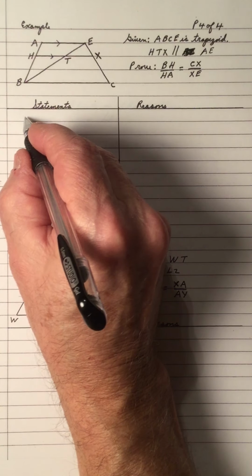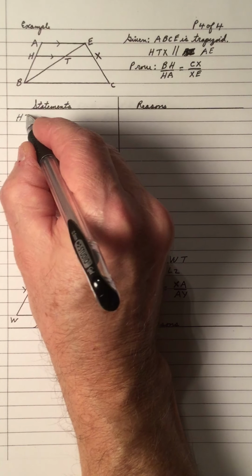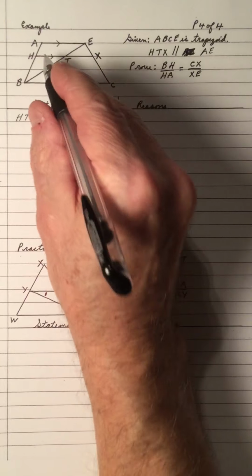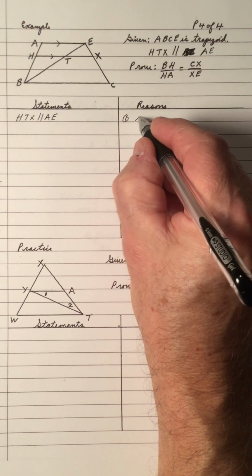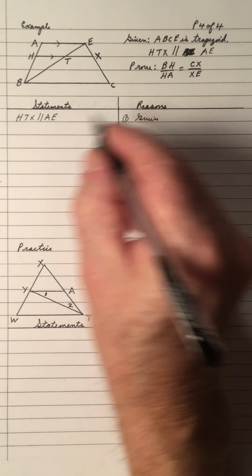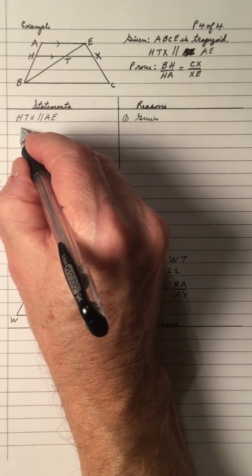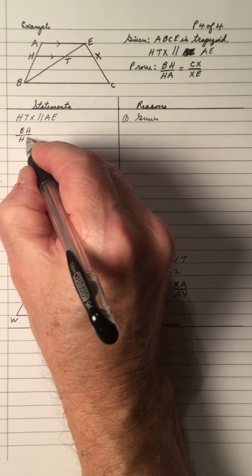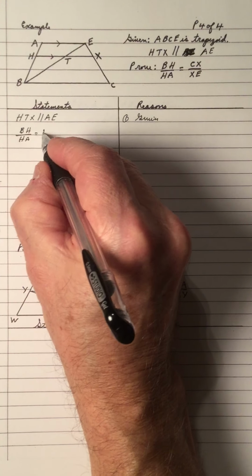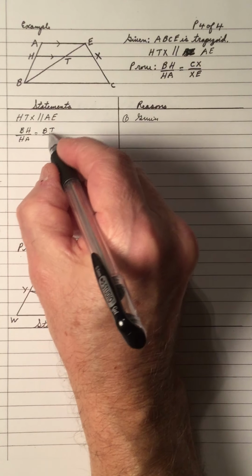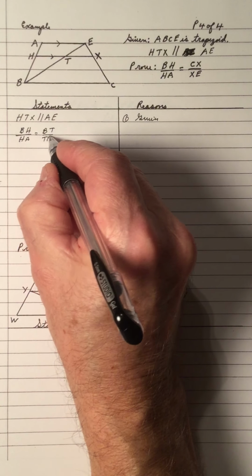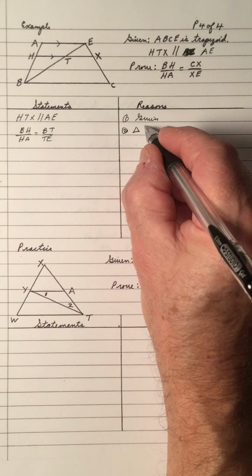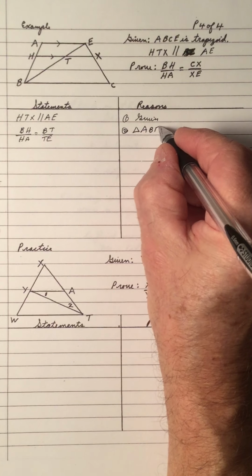Okay. So I'm given that HTX is parallel to AE, and that's a given. That means that BH over HA equals BT over TE, and that's in triangle ABE.